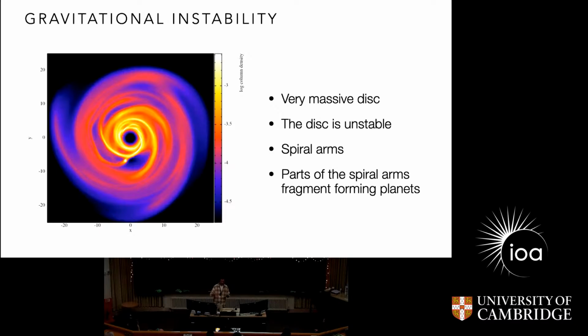This disk has spirals because it's unstable, and part of these spirals can collapse, forming a planet like Jupiter. So this is the process that is called gravitational instability, and as I told you, it can explain the formation of gas planets because it involves just gas, and it's very fast because it can form these planets on the order of hundreds of years.